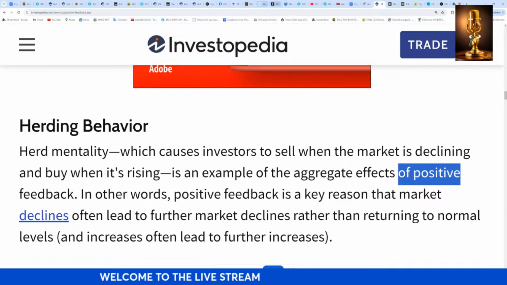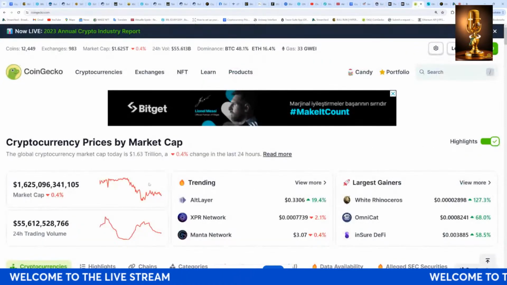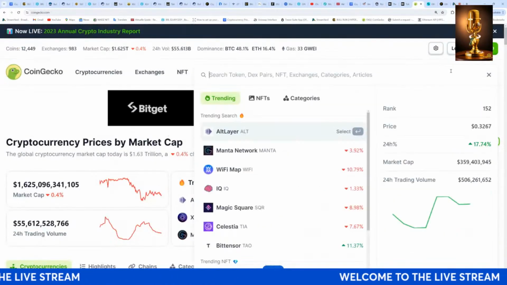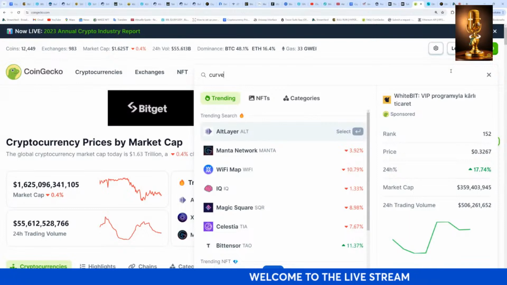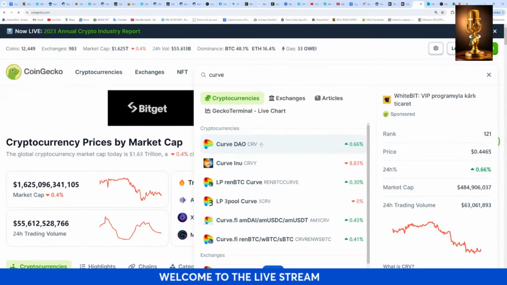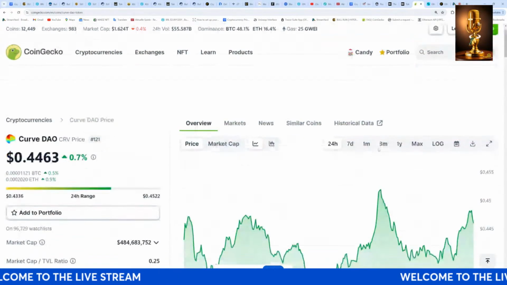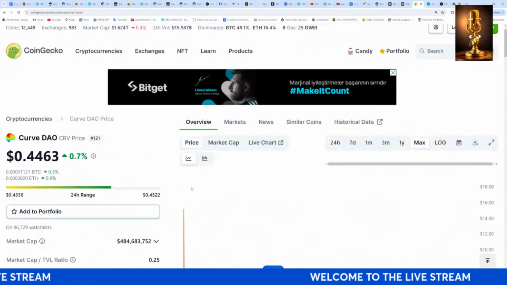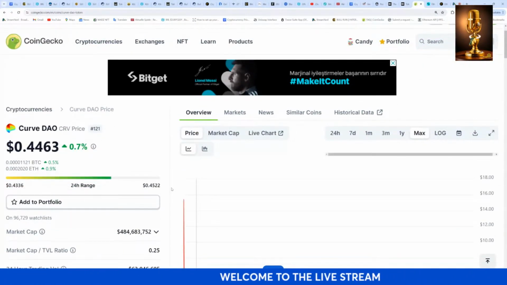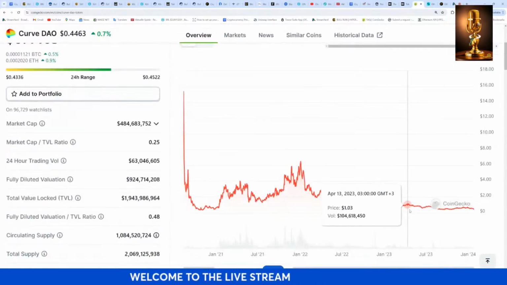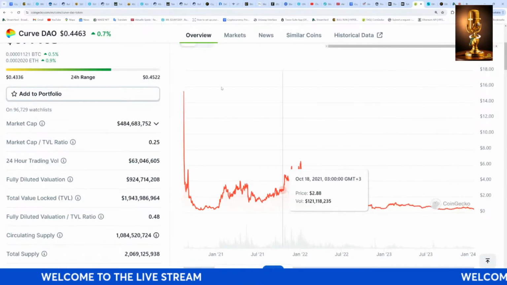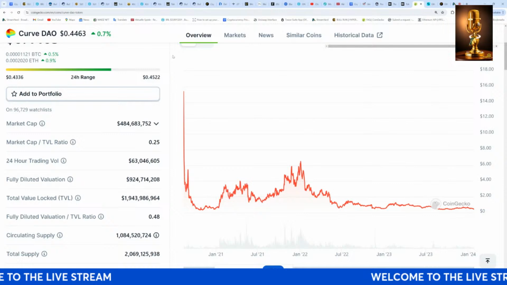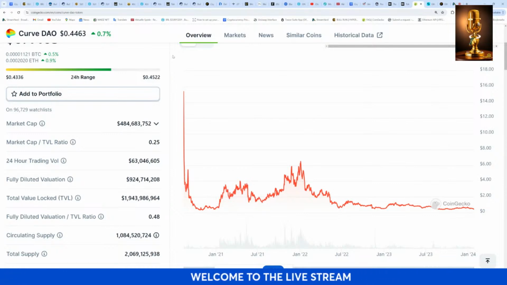And we looked at, for example, the negative part of a flywheel. If you look at Curve, for example, a negative flywheel effect is if your staking platform is just too inflationary, so it just keeps dropping. Now it's so inflationary, you can't control it. Or the current fiat system: we are at 36 trillion in debt right now, and it keeps rising, the US dollar is, and it will not stop.